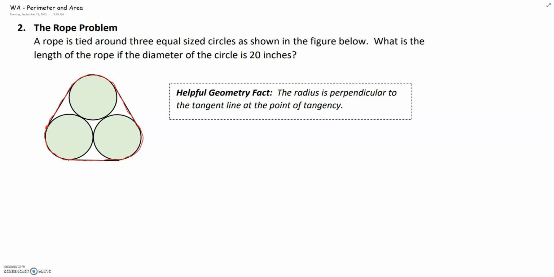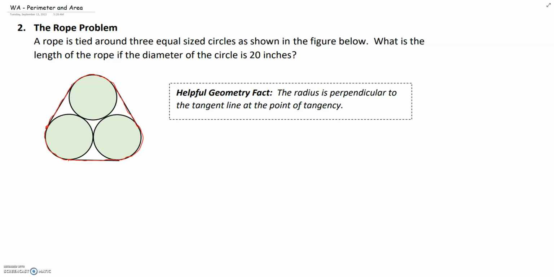These parts of the circles are of the same size, it seems. So as long as I could find one part of the circle, or just one of these straight lengths here, then I could find the actual length of the rope.